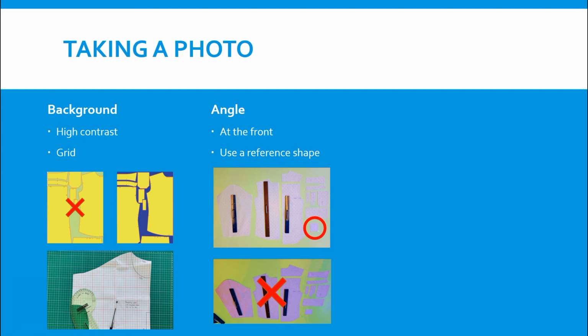So if your photo presents a perfect square, it will tell you your photo is most likely taken at the front with no distortion or very small distortion. However, if you look at the square shape in the second photograph, it doesn't look like a square, but it looks like a parallelogram.